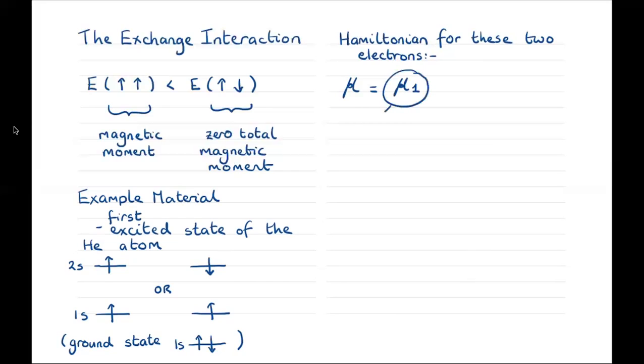So this consists of two parts. It consists of the kinetic energy for electron 1. So we'll label its kinetic energy with a 1 to indicate electron 1, plus the potential energy for electron 1, if it were the only electron there. And so the potential energy is just the Coulomb interaction between electron 1 and the nucleus. So R1 here is the distance of electron 1 from the nucleus.